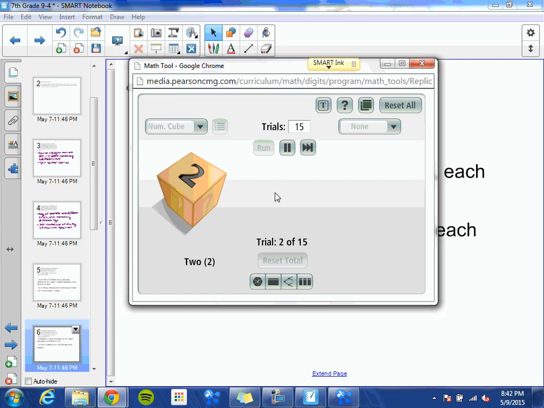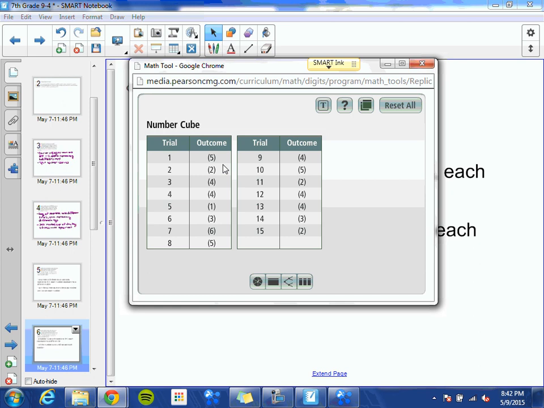It rolled a 5, a 2, a 4, so far so good, a 4 again, a 1, so we have 4 different numbers, a 3, and a 6. So let me speed up this event here to the end since we already have our numbers. And it took us 1, 2, 3, 4, 5, 6, 7 trials.